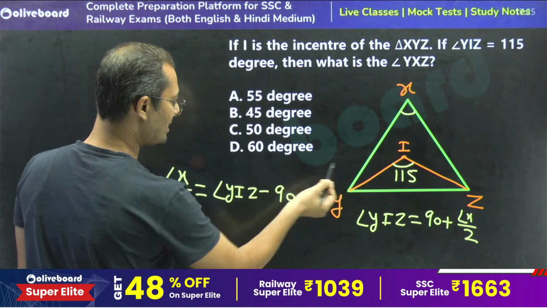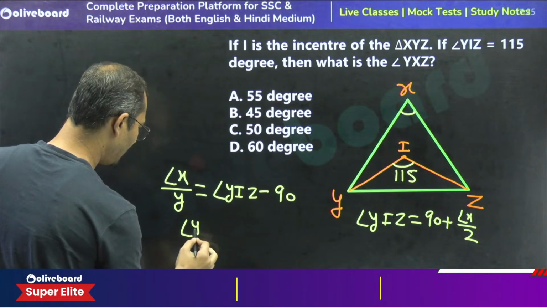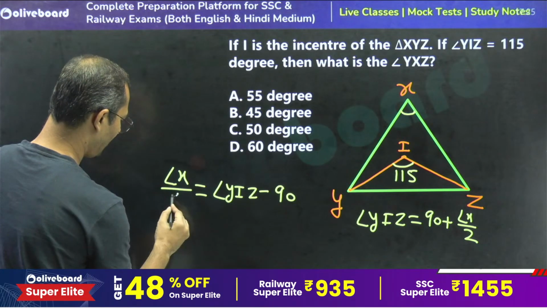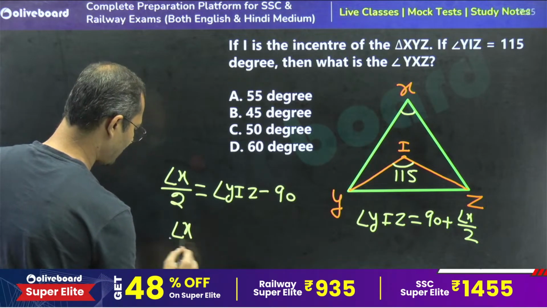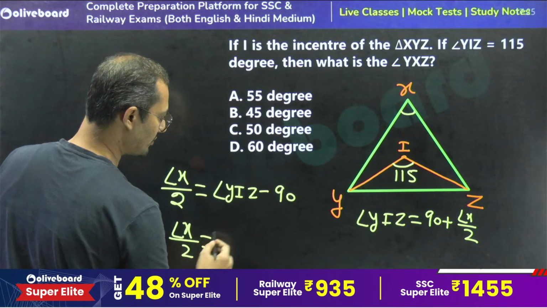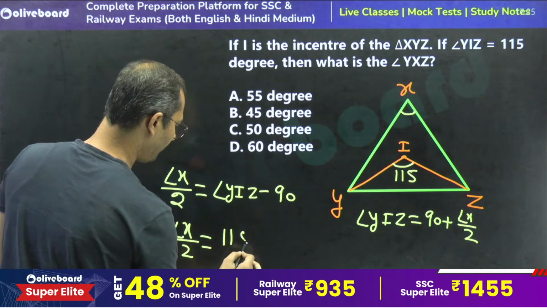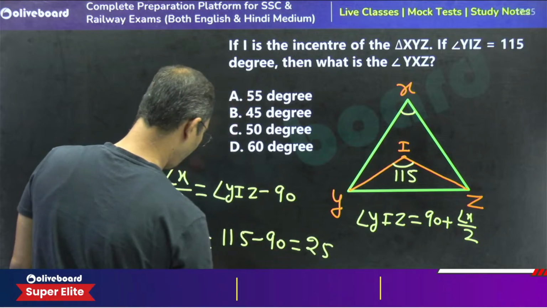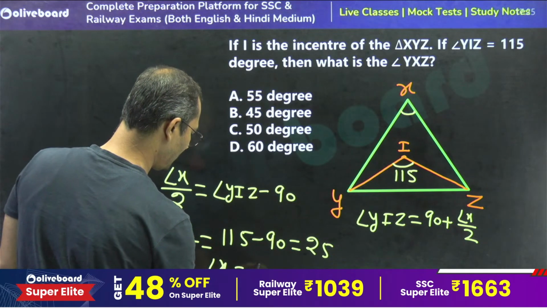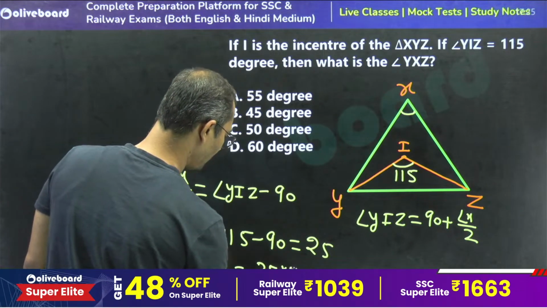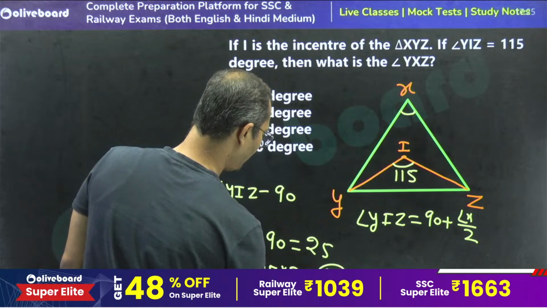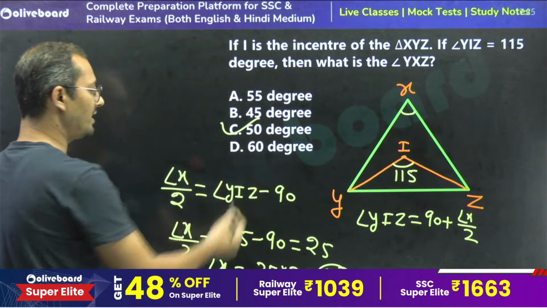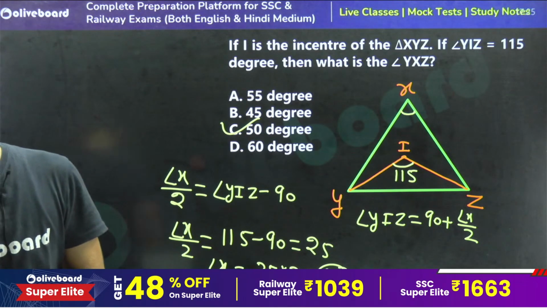So angle X by 2 is equal to 115 minus 90, which is 25. So angle X is equal to 25 into 2, that is equal to 50 degrees, right? So 50 degrees is the right answer.